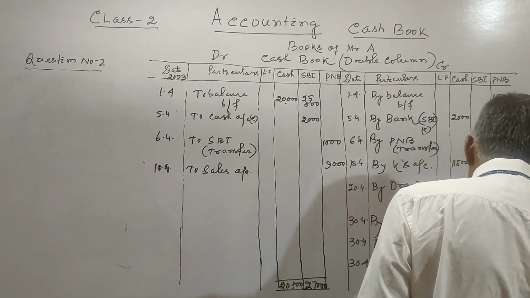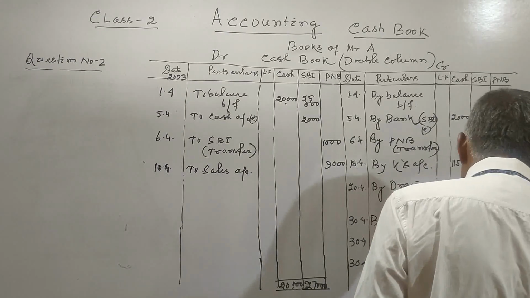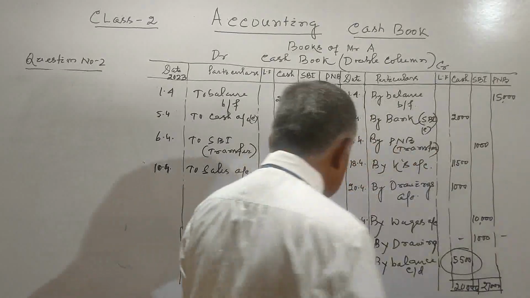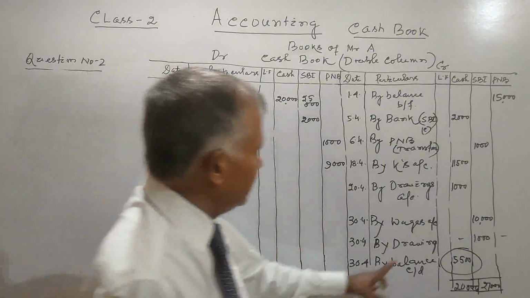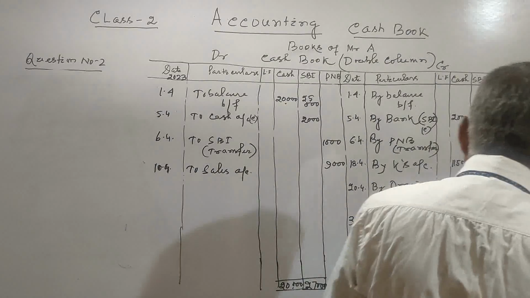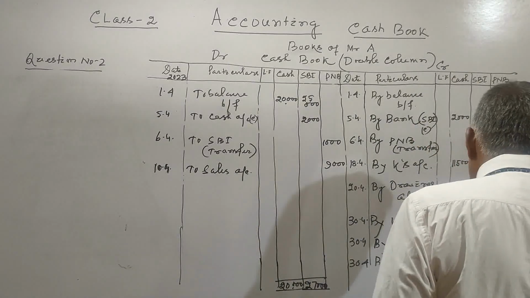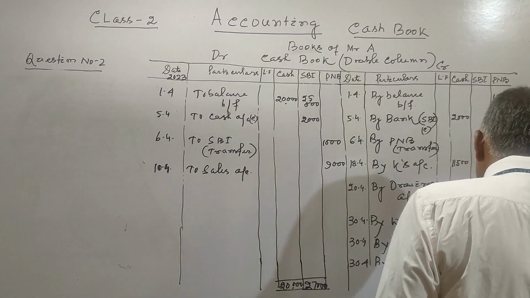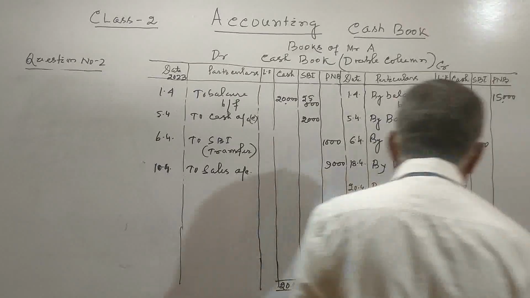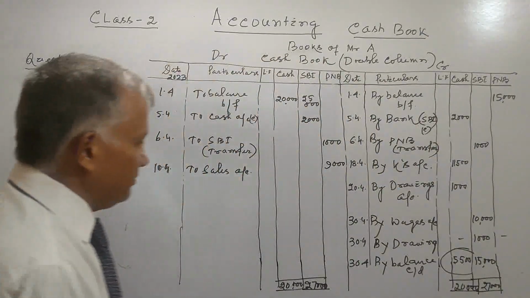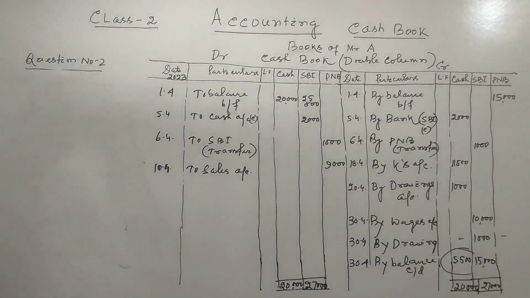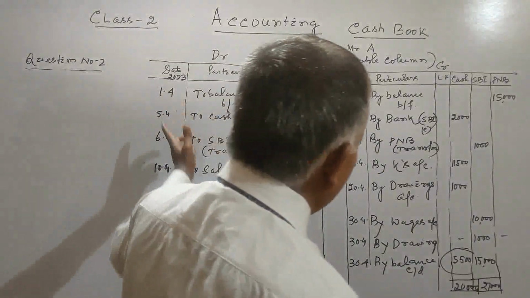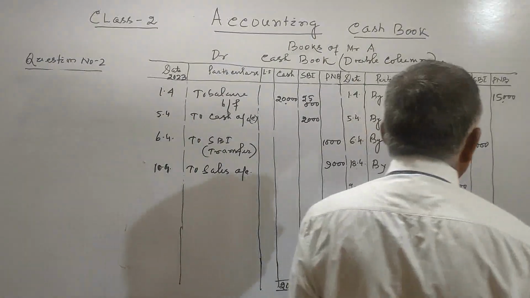We have to write. First you write the total, 27,000. Here it is 12,000. The balancing figure will be 15,000. So the SBI closing balance will be 15,000 to be carried forward to the next period.